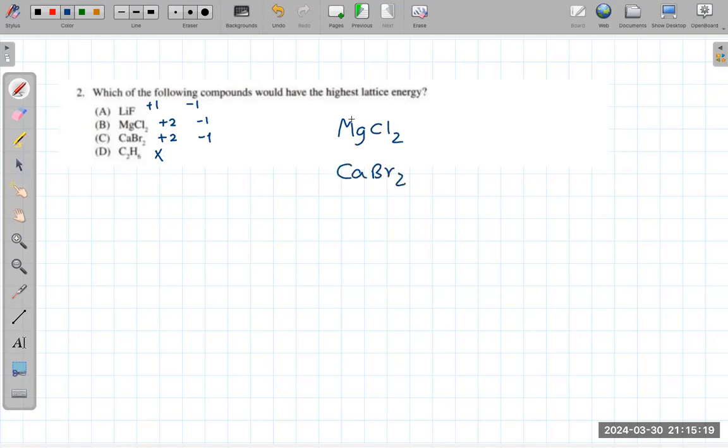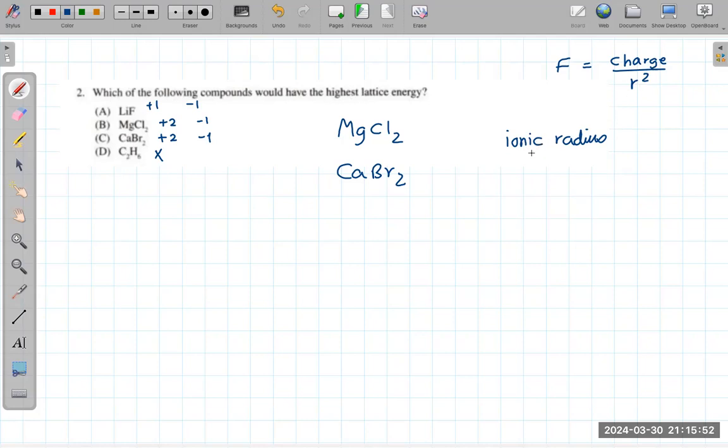Let's have a look at magnesium and calcium, because once we have the same charges, what do we look for? The size of the ionic radius. What is the relationship between ionic radius and the forces of attraction? The bigger the ionic radius, the less the attraction. So charge, and here radius squared, so it's inversely proportional to the radius.